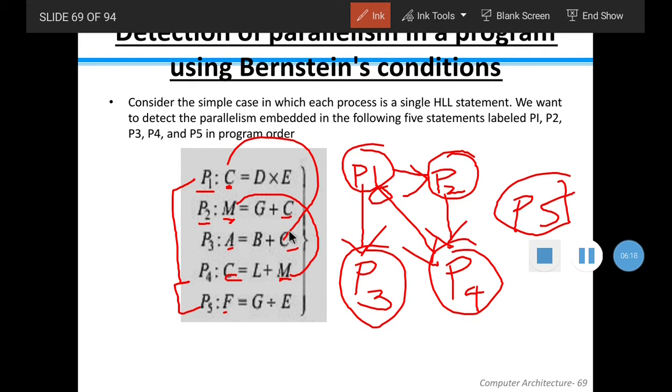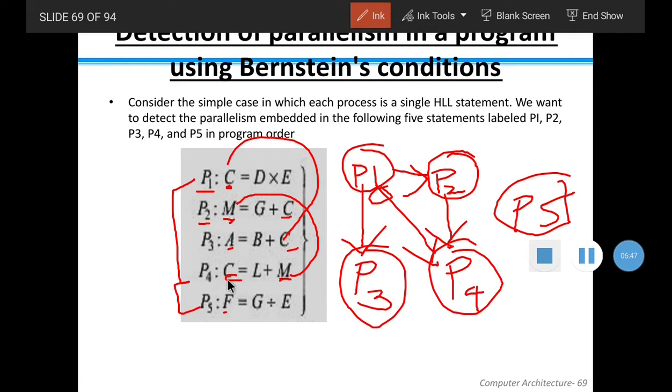Similarly, you have to find anti-dependence also. If you observe P1, we have two inputs, D and E. We have to check where D is used. We don't have D elsewhere, no problem. In P2 again we don't have, sorry, G and C, no problem.